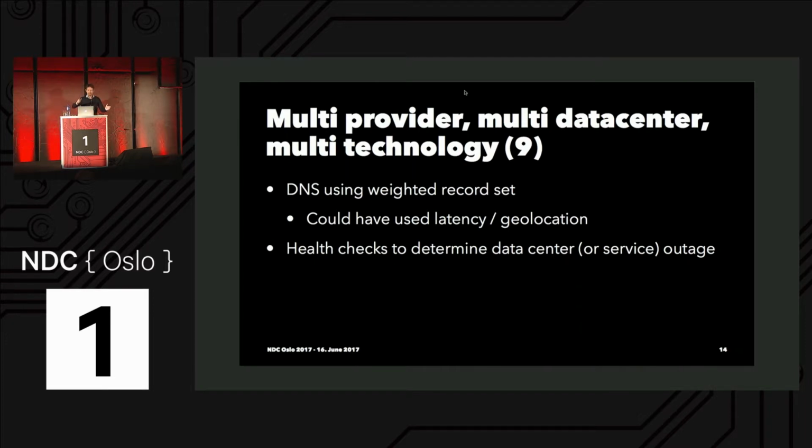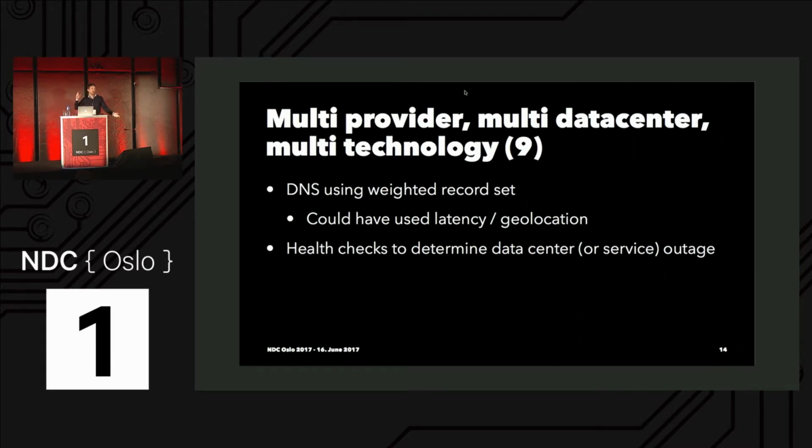And now I'm going to use DNS-weighted record sets in order to direct half of the traffic to DigitalOcean and the other half to Azure. Okay, one half goes there and the other half goes there.